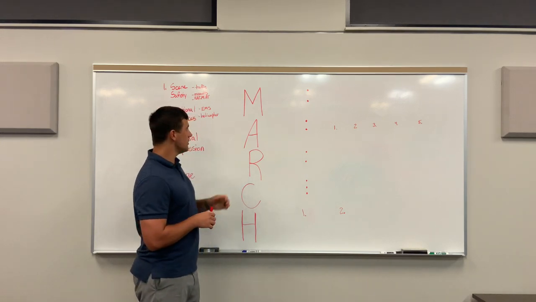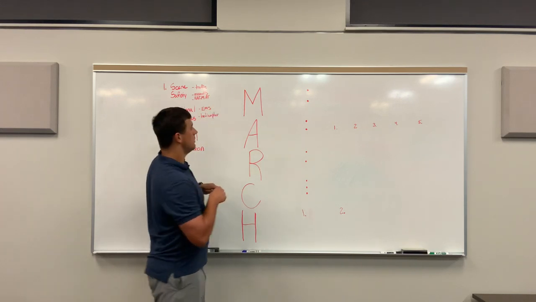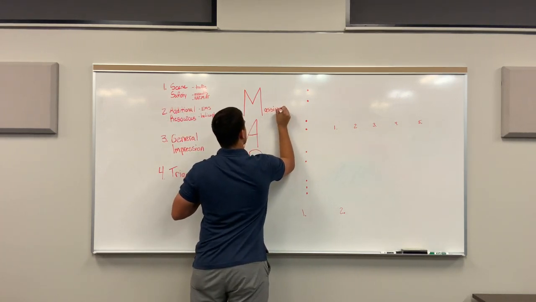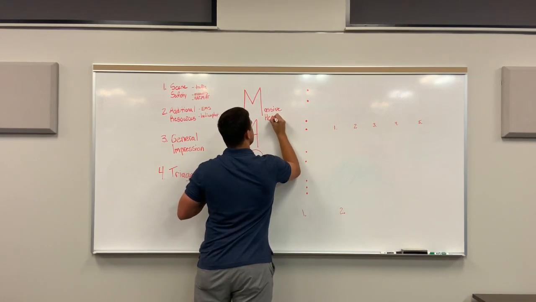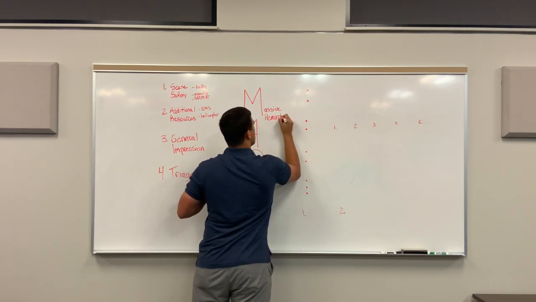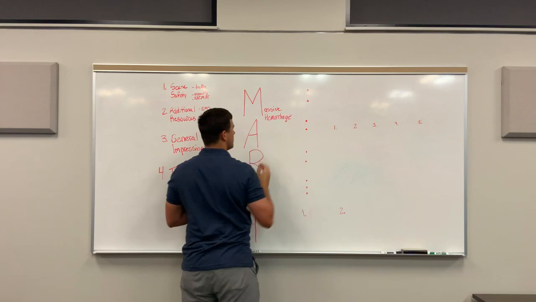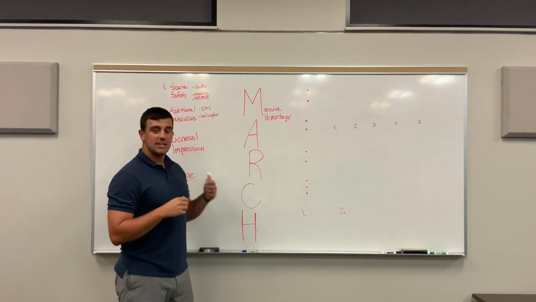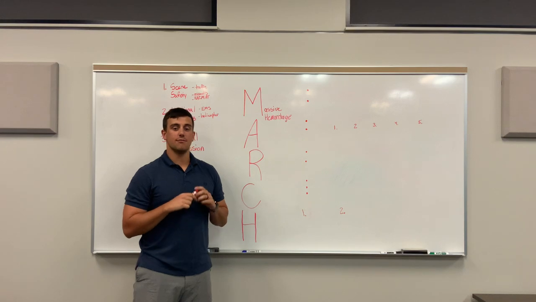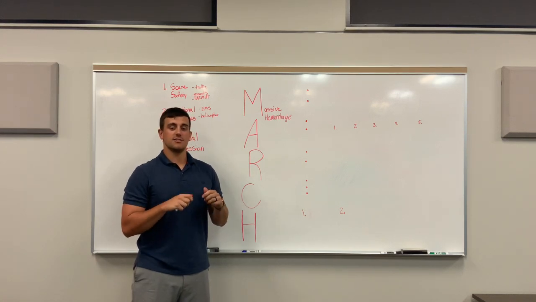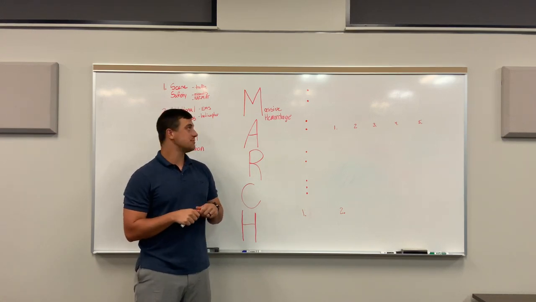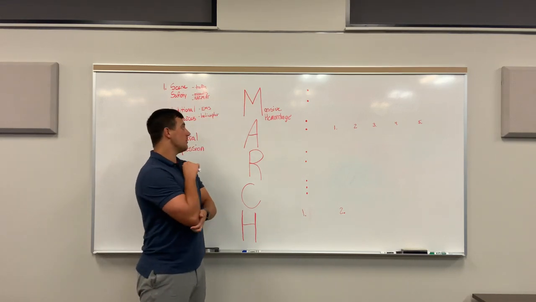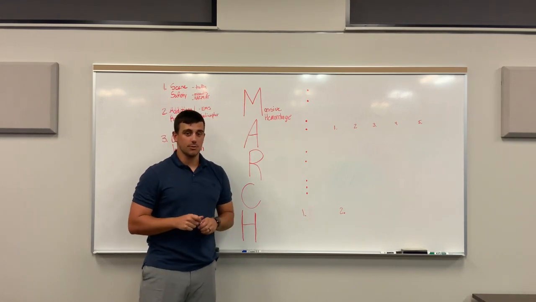And what they discovered was M, which stands for massive hemorrhage, was actually the number one cause of death in their trauma patients. So anytime we come up on a trauma patient, the very first thing that we are assessing and treating on these patients is going to be any bleeding, or also known as massive hemorrhage.